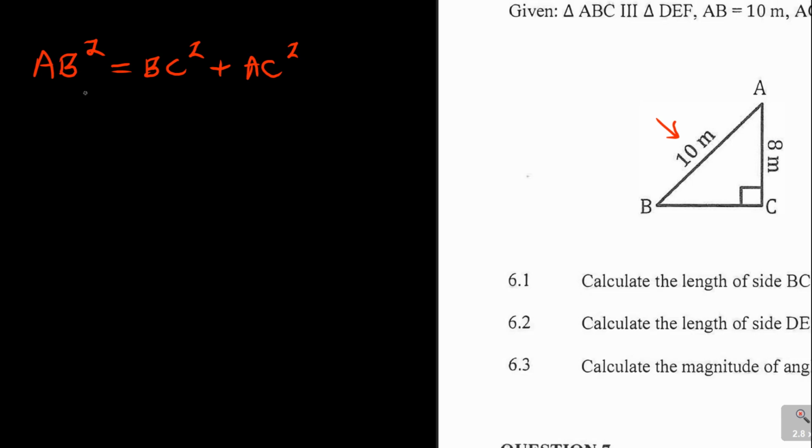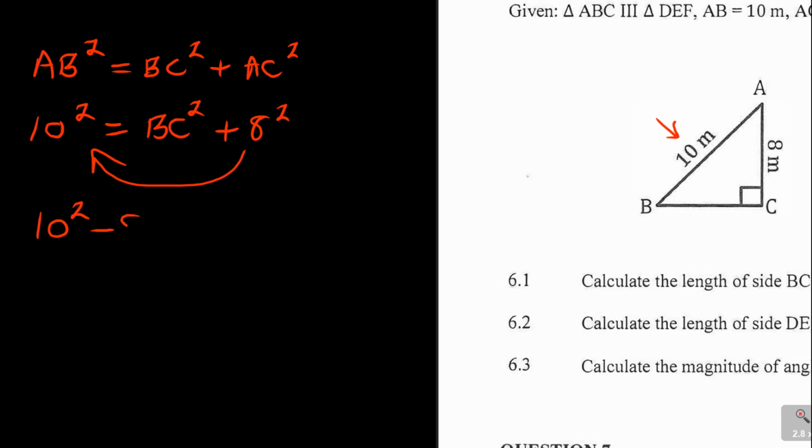That is much better. So AB squared, which is 10 squared, is equal to BC squared plus AC squared, which is 8 squared. How do I remain with BC? Take 8 squared to the other side: 10 squared minus 8 squared is equal to BC squared.